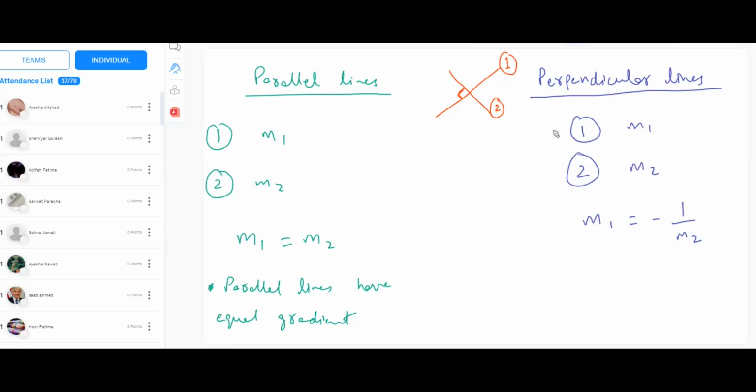How are you going to apply this practically? You need to remember one thing, and that is gradients of perpendicular lines are negative reciprocals of each other.